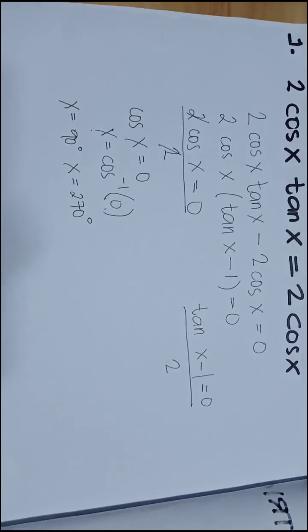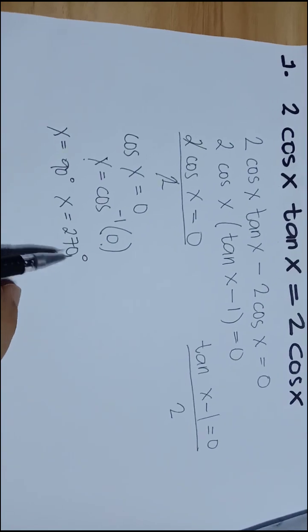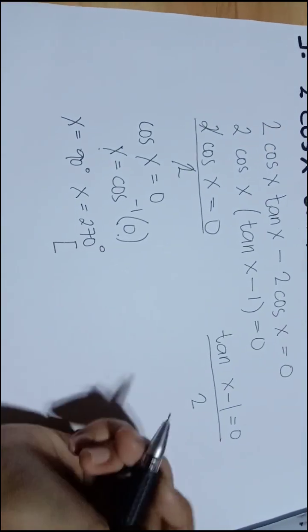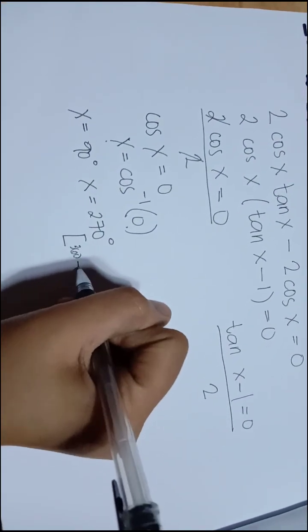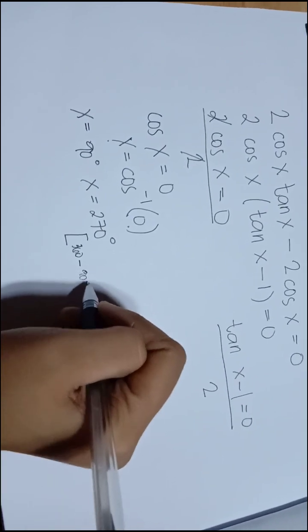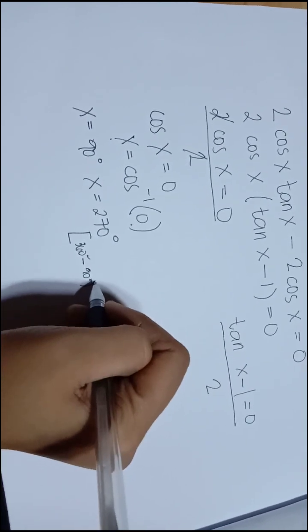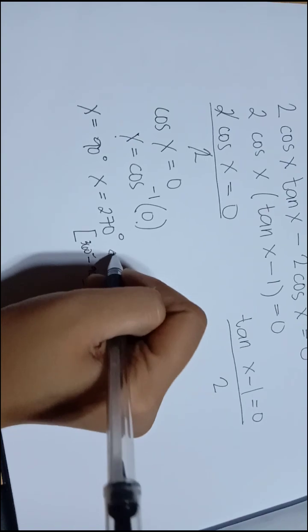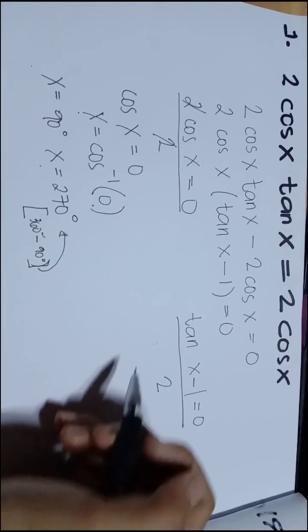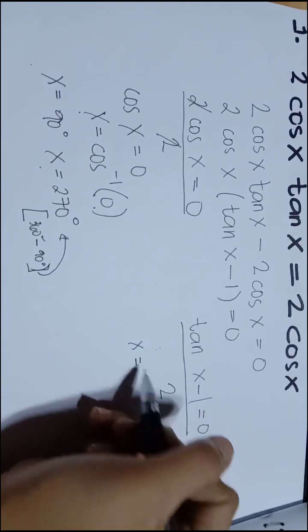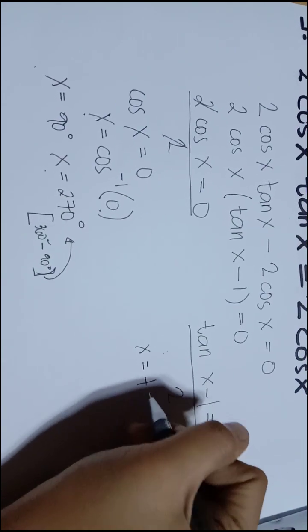Now, where did it come from? Simply, we subtracted from 360, 360 minus 90 equals 270 degrees. So this other one is x equals arc tangent of 1.